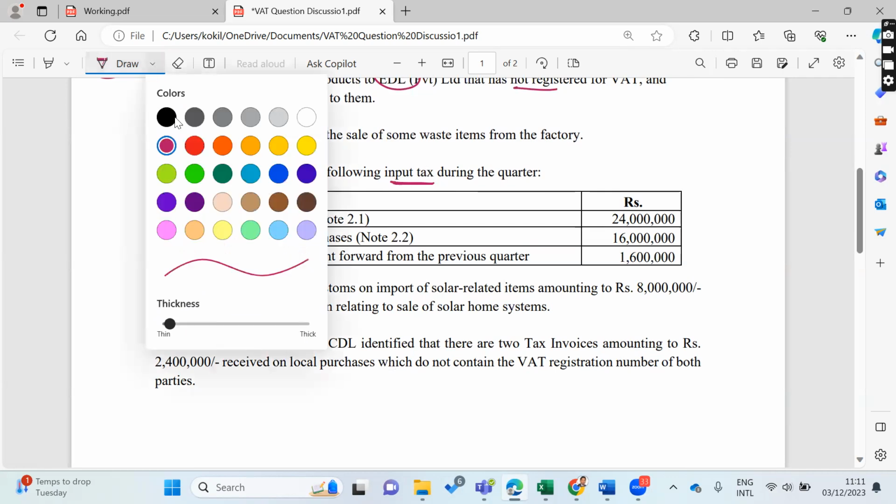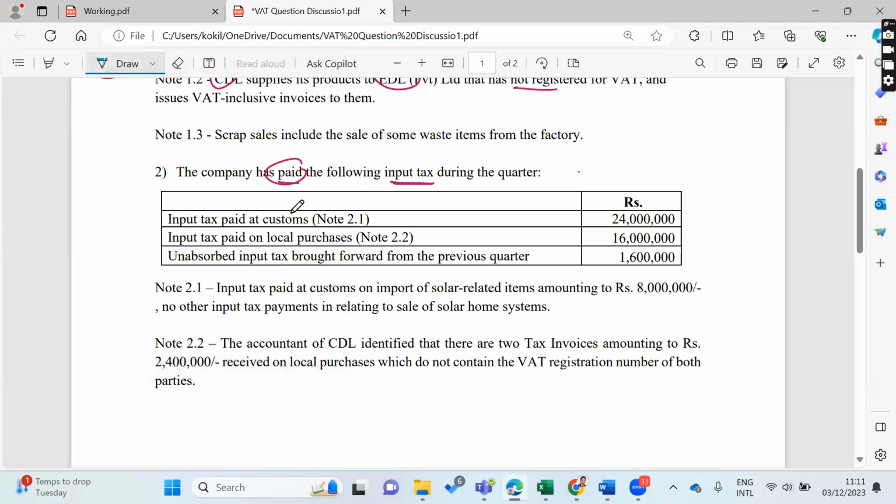You must always read the question carefully to see whether they have given the purchase component or the input VAT. If it is given as purchase value, you have to multiply by 15% to get the VAT paid amount. But in most questions you will get the paid amount, the input VAT amount.